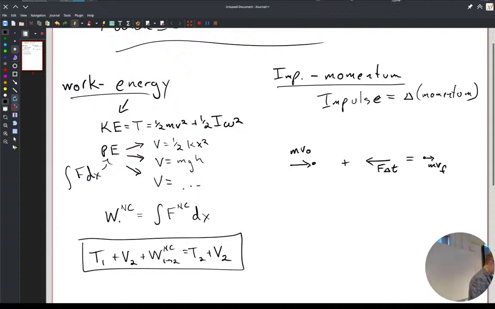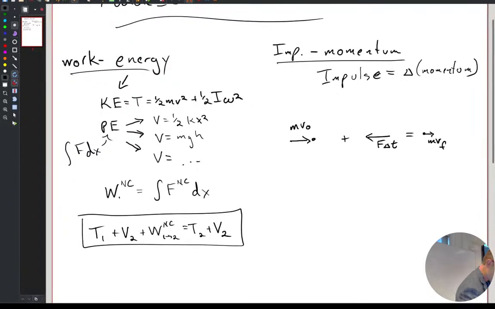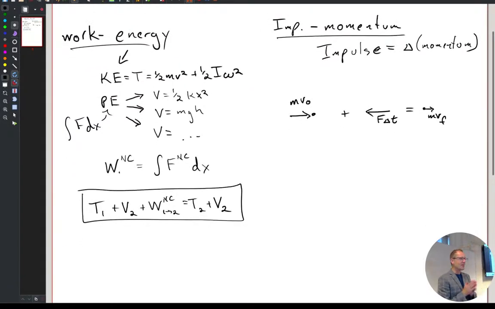So like as you're kind of thinking out and putting some thoughts down onto a note card or any kind of just putting things down on paper, one of the benefits of using like work energy and impulse momentum is that it's like a pre-integrated form of our equation of motion.